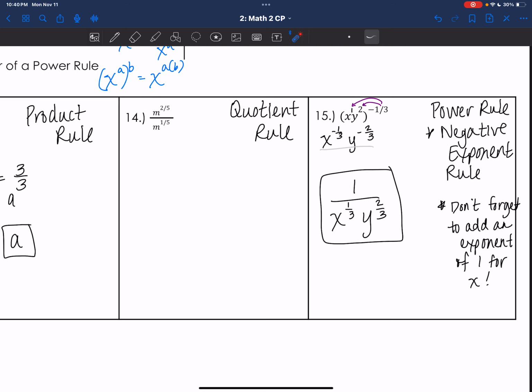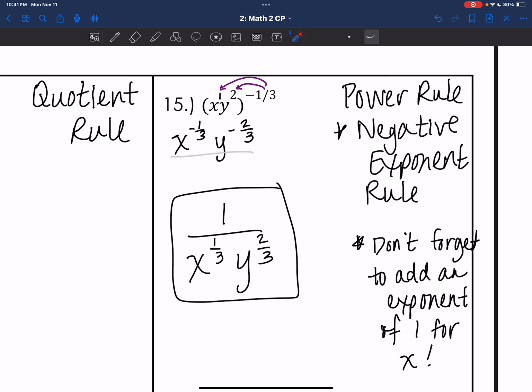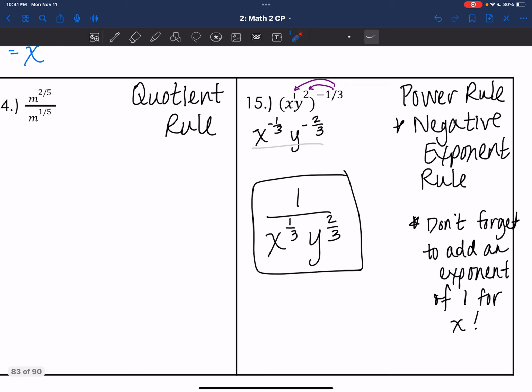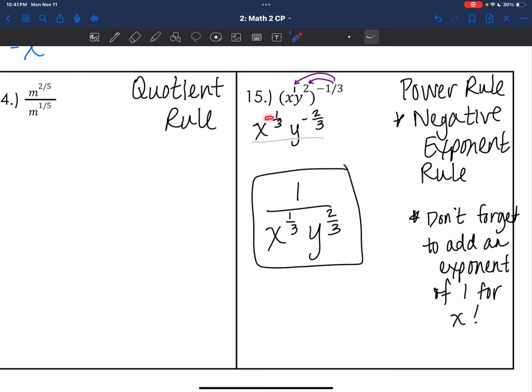Now this one is a little bit harder, but it's still the same process. What you're going to do first is the power rule. So power rule says you should distribute your exponent. I wrote in an exponent of 1 here. So go ahead and you'll get negative 1/3, and then you're distributing negative 1/3 to 2, and I got negative 2/3. And then now notice you have two negatives.